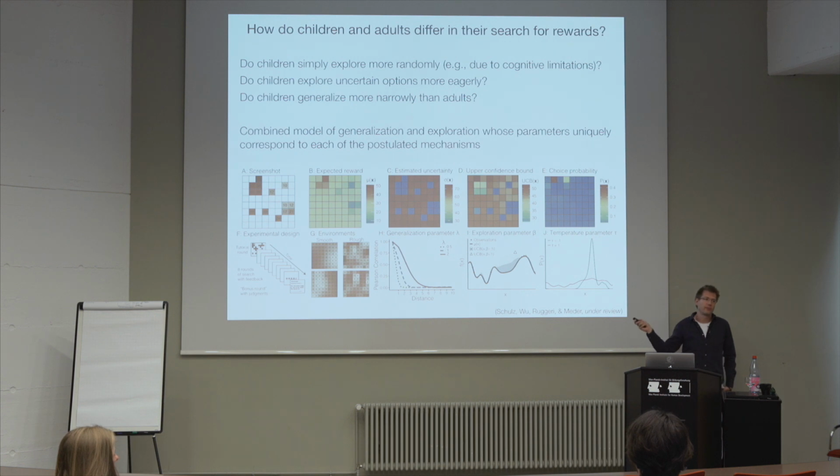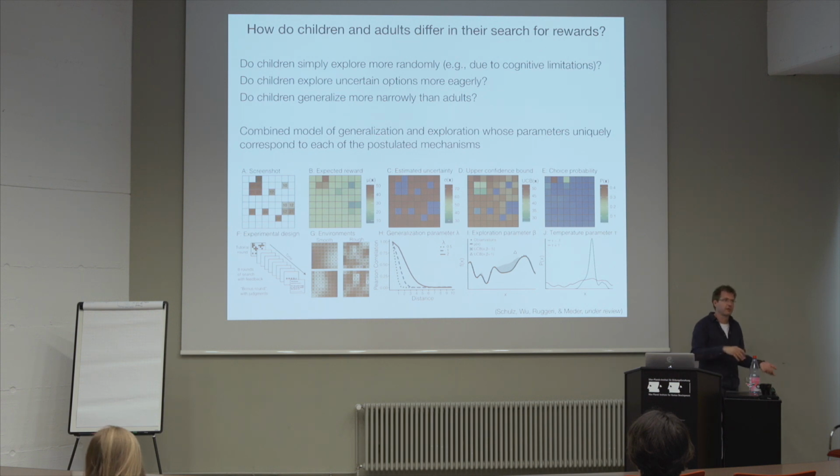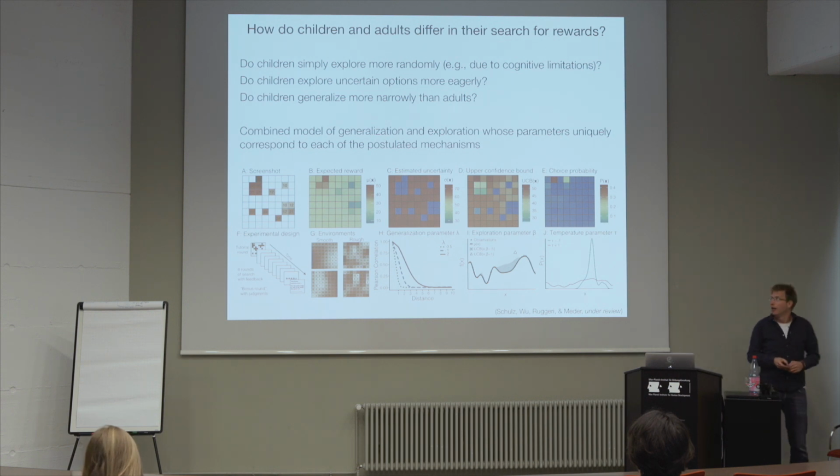For the model, it's not a big problem. This is a simple case where you just have the x and y coordinates as the input to the model. But the model in principle can handle an arbitrary number of options or dimensions. What humans do is a different question. We started off with this paradigm, especially with the children, because it's very intuitive, and it relates to a lot of research that's done in other areas, say machine learning, the multi-armed bandit problem, and decisions from experience, what Ralph and colleagues are doing.